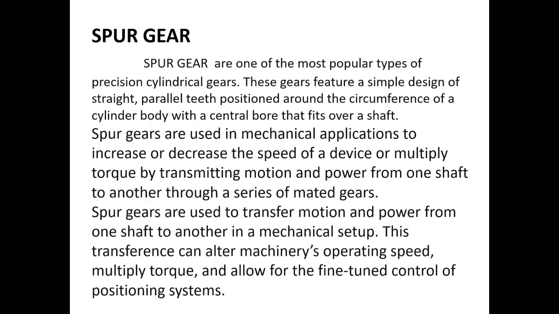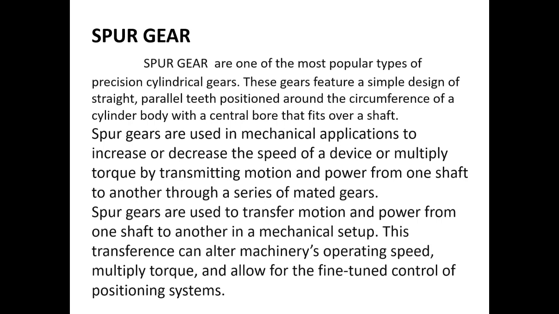First, spur gear. Spur gears are one of the most popular types of precision cylindrical gears. These gears feature a simple design of straight, parallel teeth positioned around the circumference of a cylindrical body with a central bore that fits over a shaft.